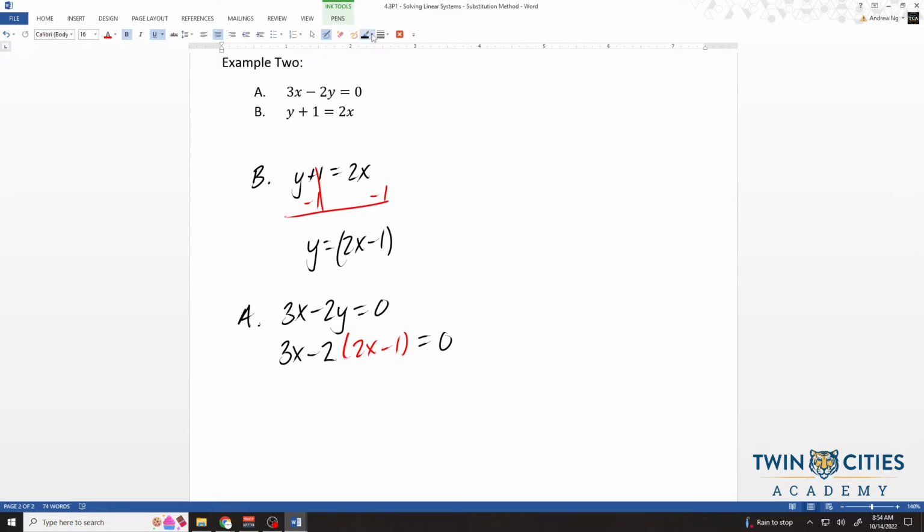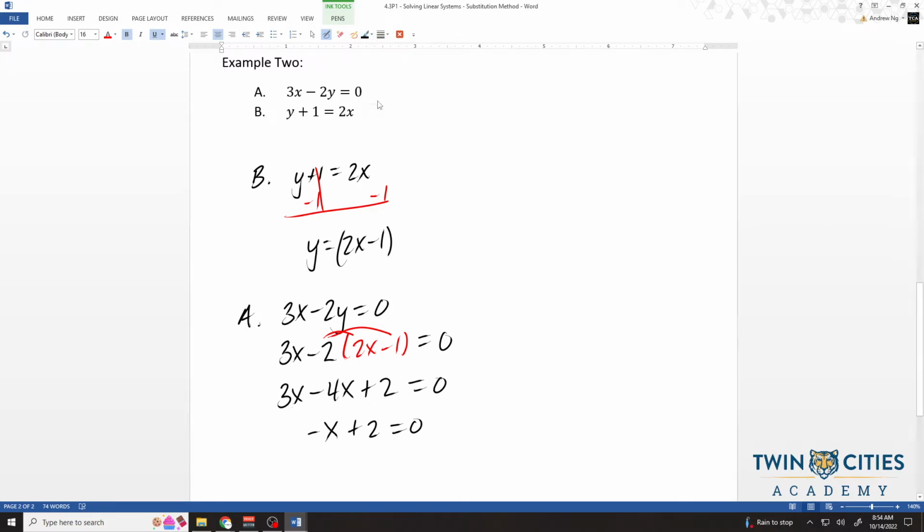Okay, distribute. So I will get 3x, -2 times 2x, so this is going to be minus 4x, -2 times -1 plus 2 is equal to 0. 3x minus 4x, so this will be -1x, or -x plus 2 is equal to 0.